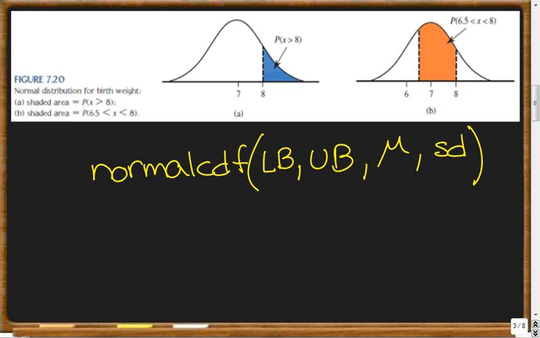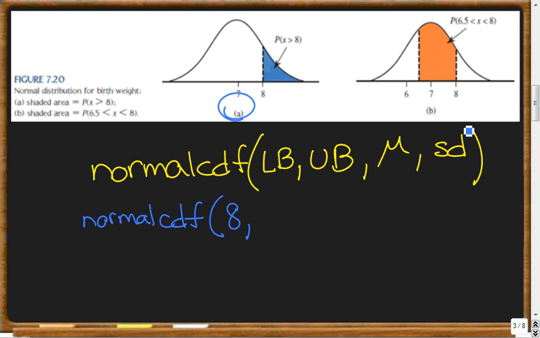Now for the blue one, for A, if we were going to do greater than 8 based on our mean being 8, or based on it being greater than 8, you would do this. You would say your normal CDF, your lower bound is going to be the bottom, so that's 8.